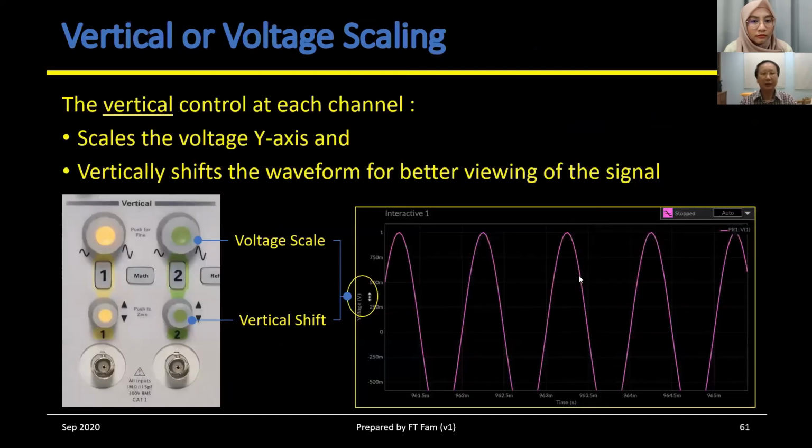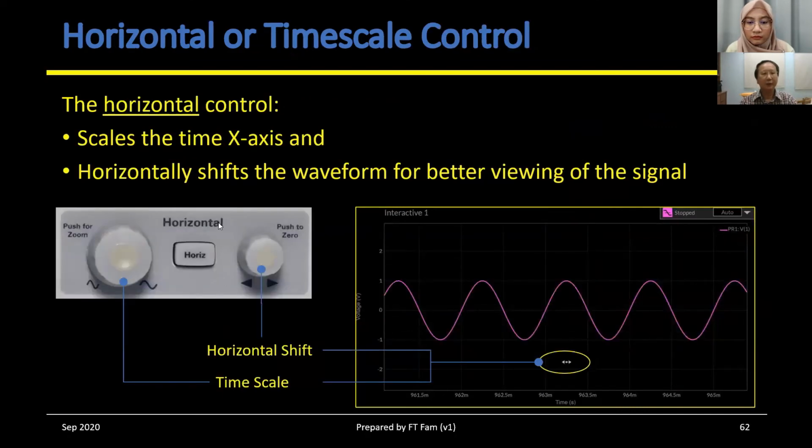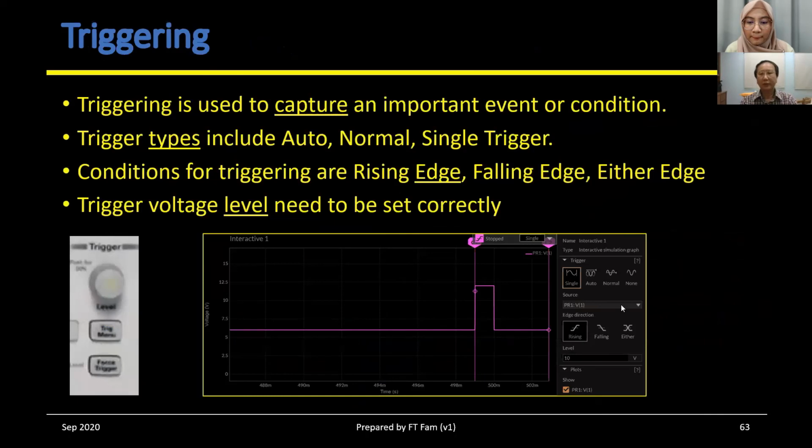And I show you this now, the demo. Under here, you will see that this one will magnify the voltage or reduce the scale. This one will shift it up or down. The horizontal scale will shift it left or right, or can zoom in or zoom out. So this triggering here, you can do single trigger or auto trigger.